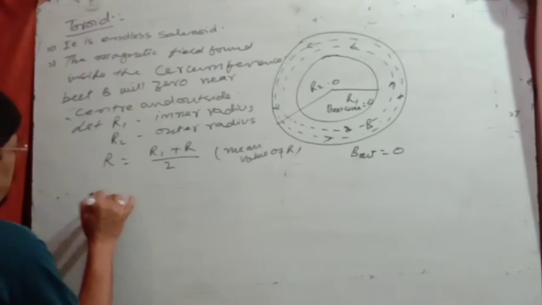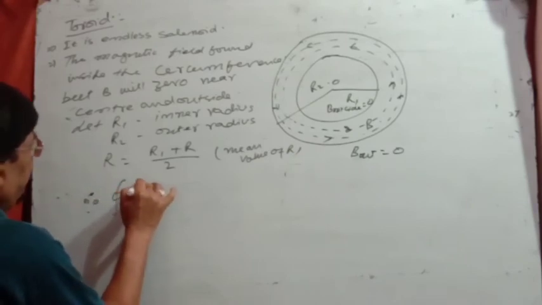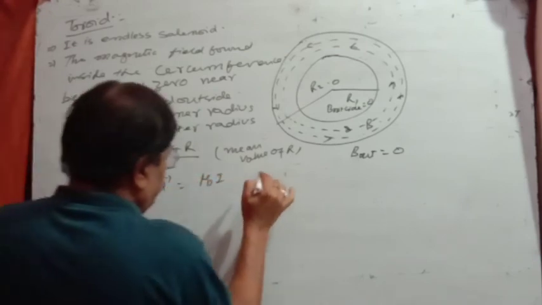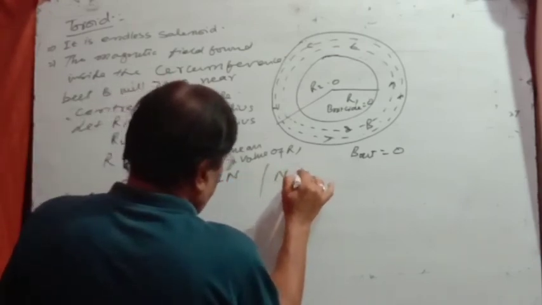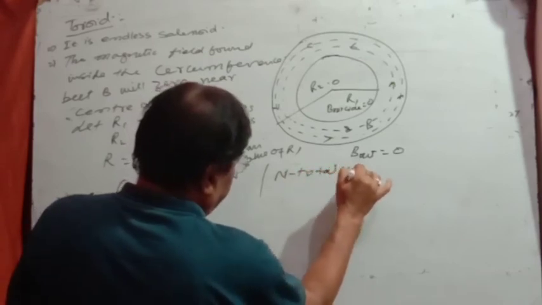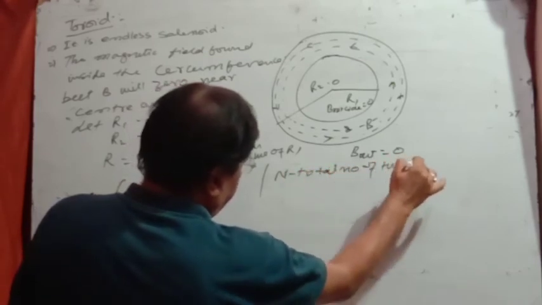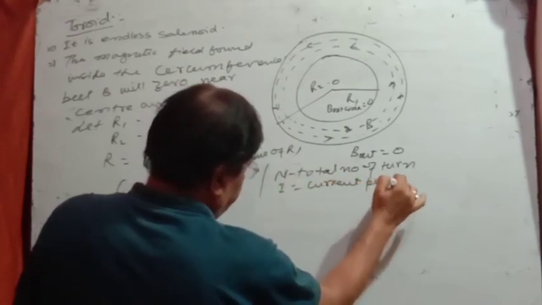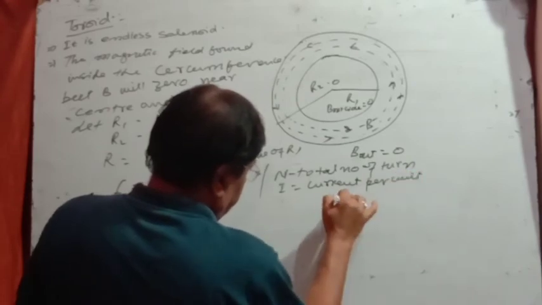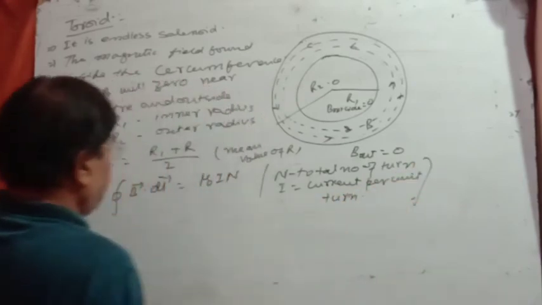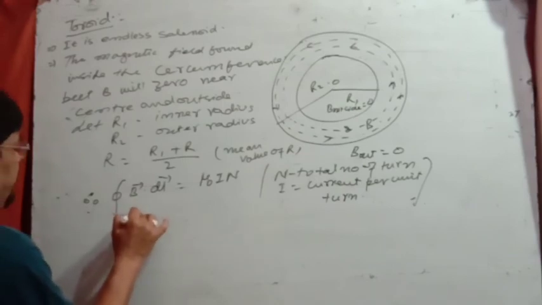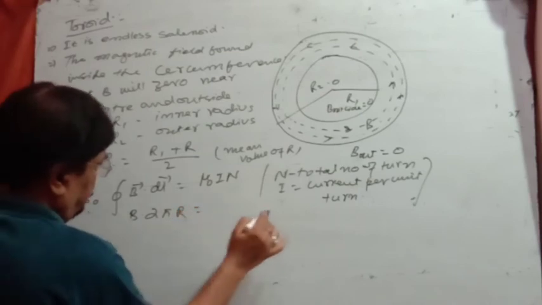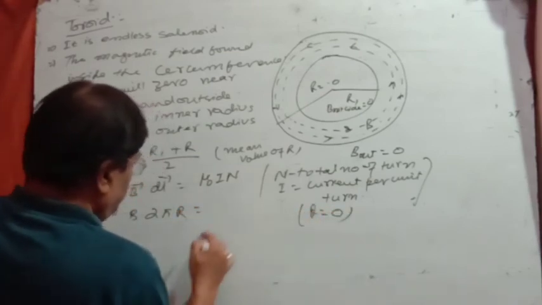Therefore, by Ampere's law, B dot dl is equal to mu naught I into N. N is the total number of turns, I the current per turn. So it will be equal to B dl, which gives 2 pi r, theta is 0, mu naught.